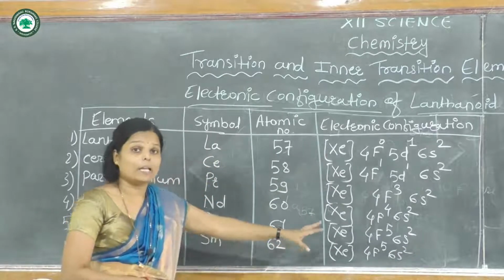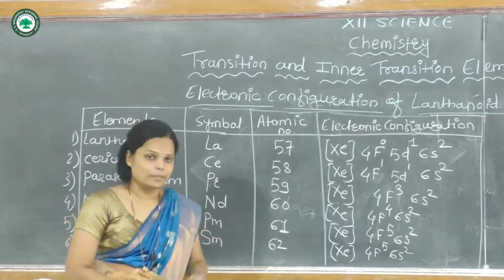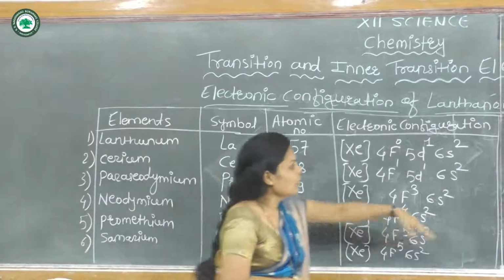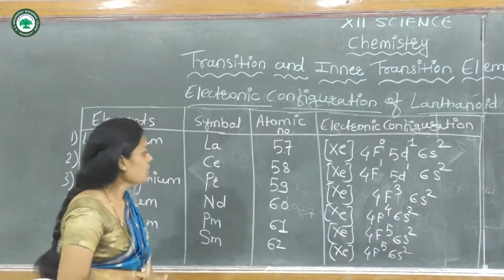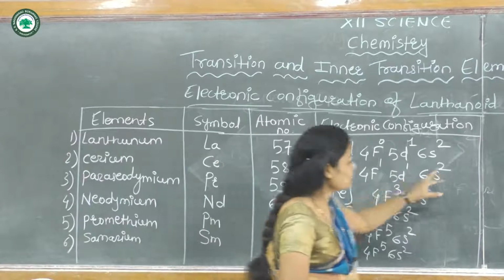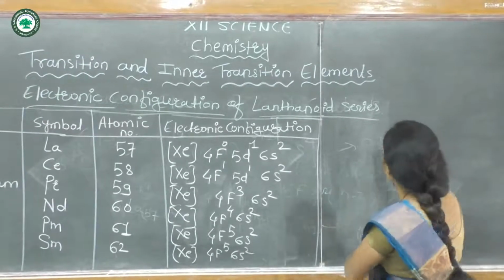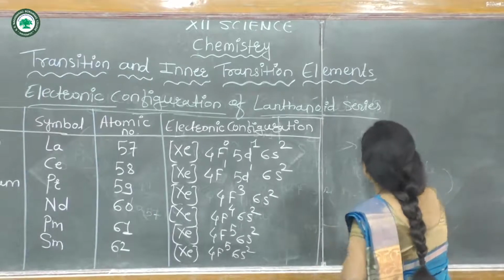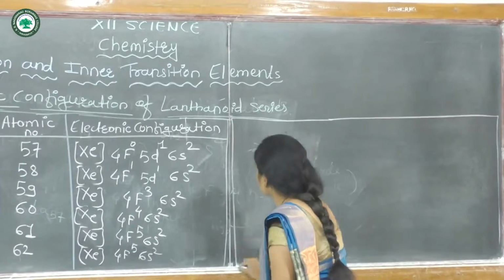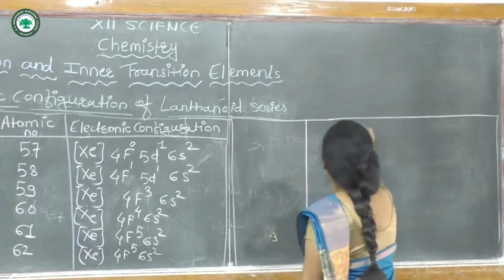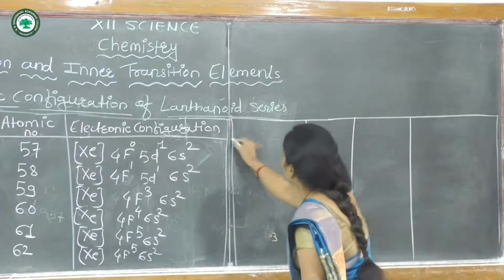And we can easily calculate the number of electrons present in samarium. Then we write down the next element: elements, symbol, atomic number and electronic configuration.